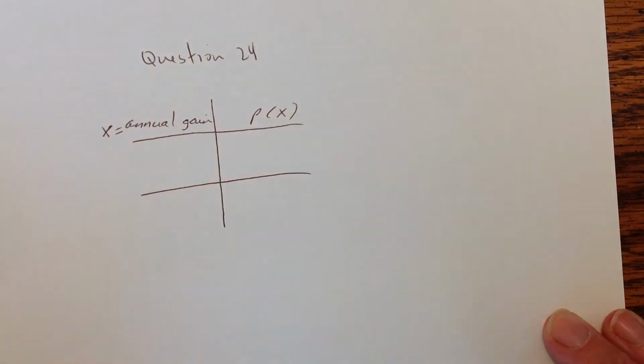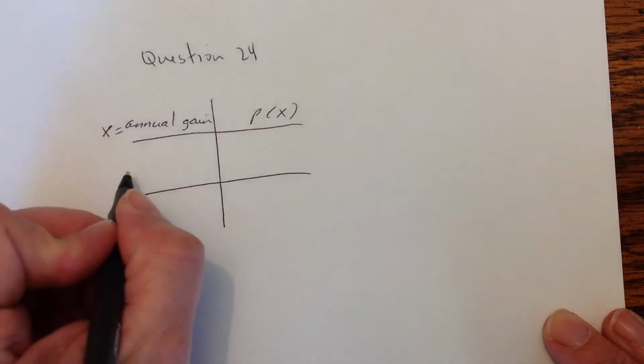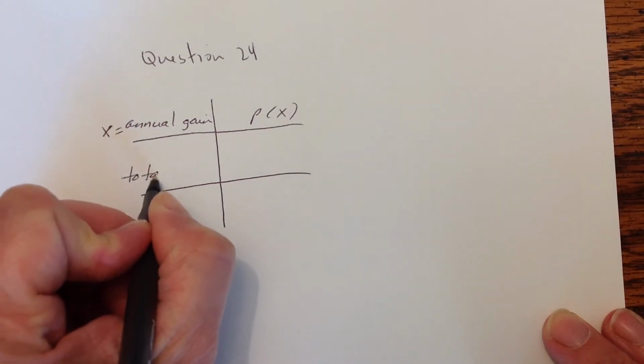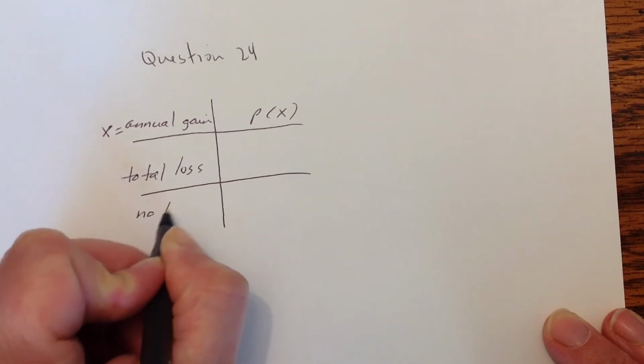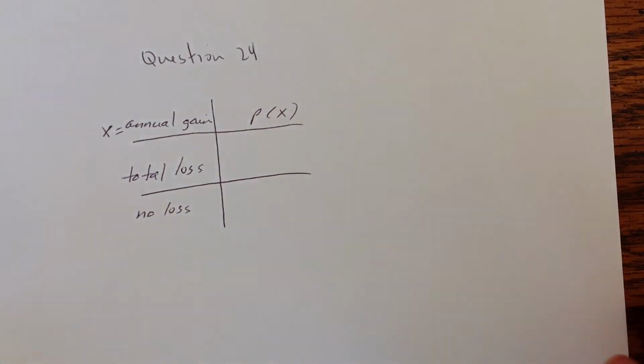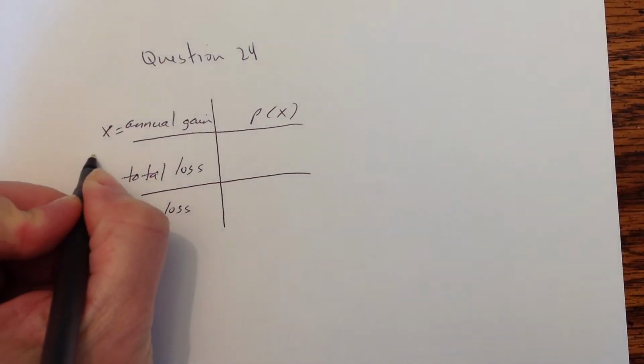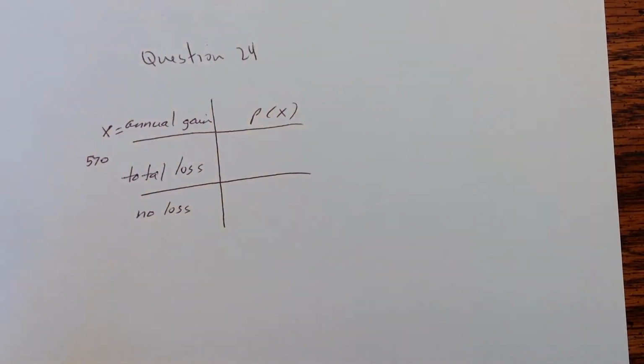So remember, it says for this policy there's either total loss or there's no loss. So now we have to figure out what's the annual gain if there is total loss. Okay, so a policy holder pays $570 to have an insurance plan.